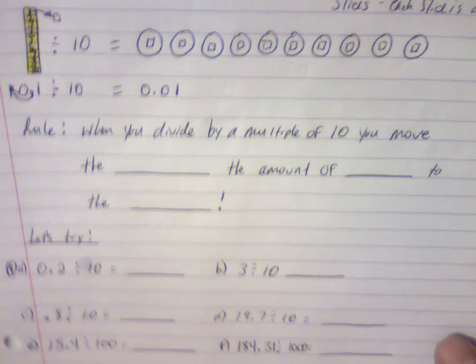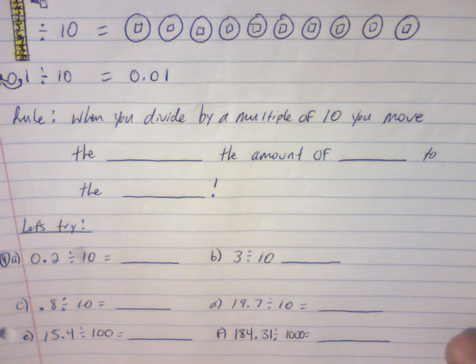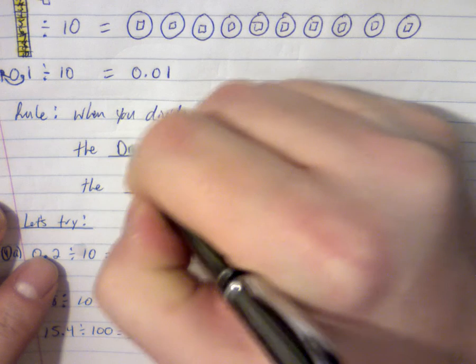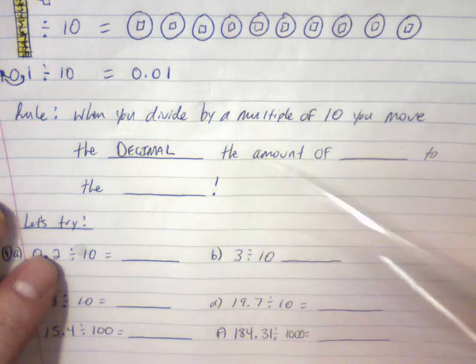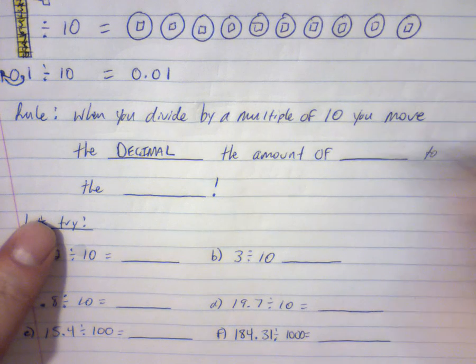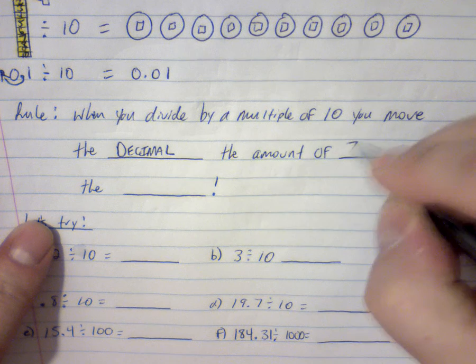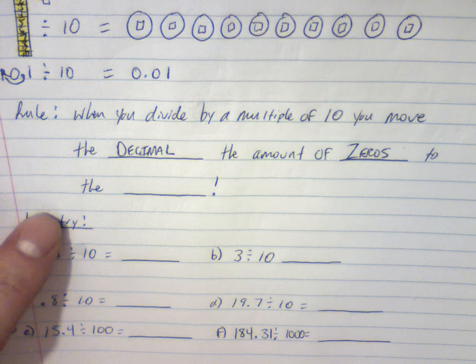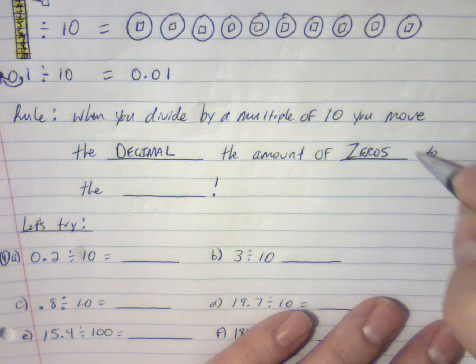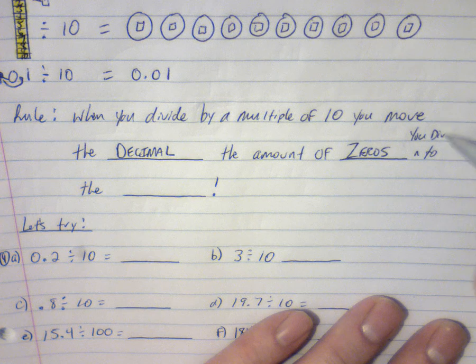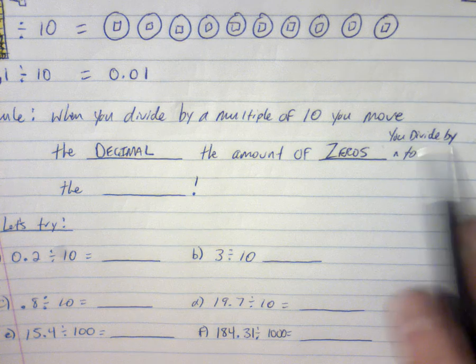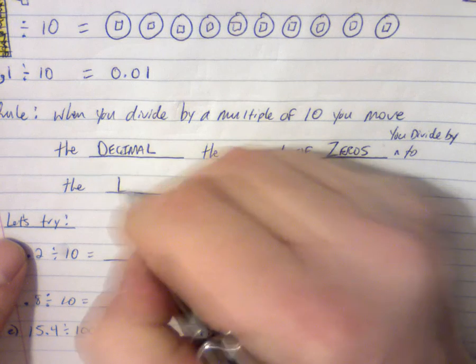So we have a rule. The rule is when you divide by a multiple of 10, you move the decimal the amount of zeros you divide by to the left.